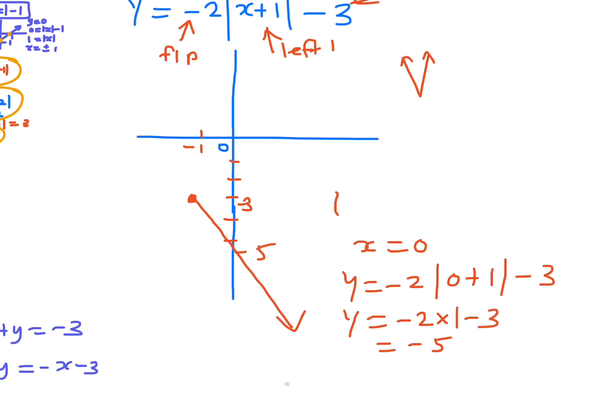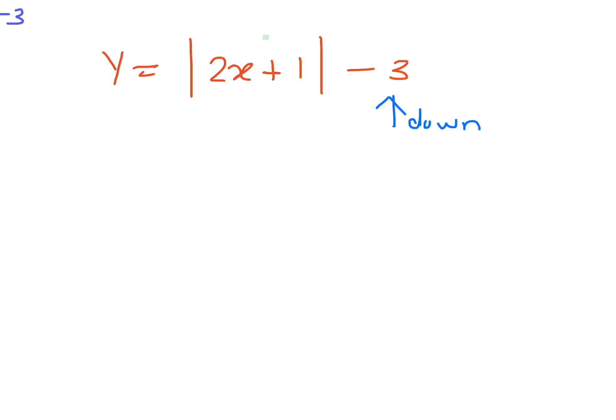So if you draw that down there, then you just have to make it symmetric. Like if you folded that in half, you'd have to draw it on the other side, and then it would be symmetric. Now there's just one more type of shifting that I haven't done. We do a bit more of this in Year 12. But if this was 2x plus 1, and then say -3, then you've got your down 3, that's the easy part.